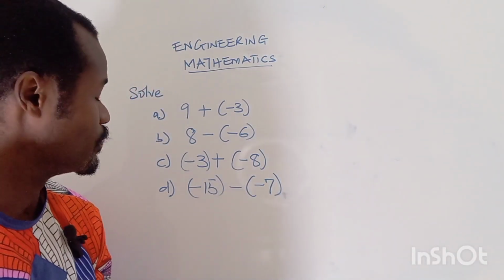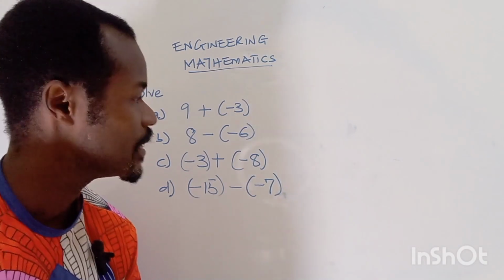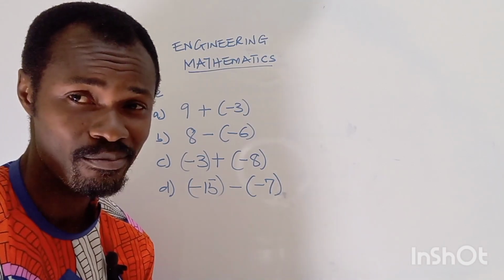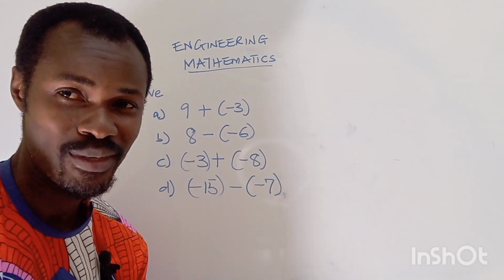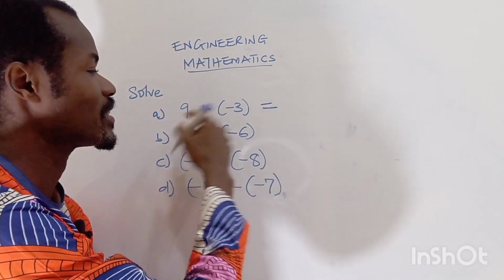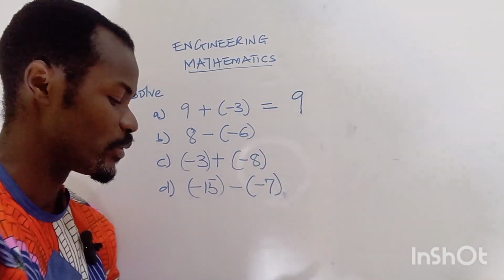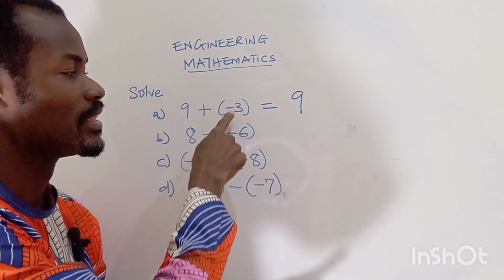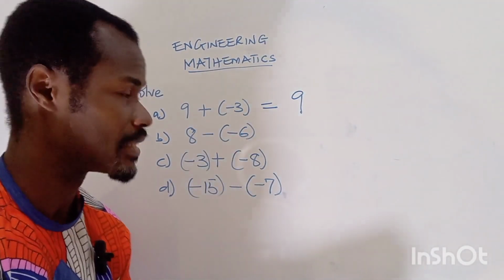Alright, so the first one there says, for A, we have 9 plus in bracket minus 3. So how do we simply solve that? Now you have this as, of course, 9. Remember the rule says you don't want to expose two signs, so you can see a negative sign in bracket.